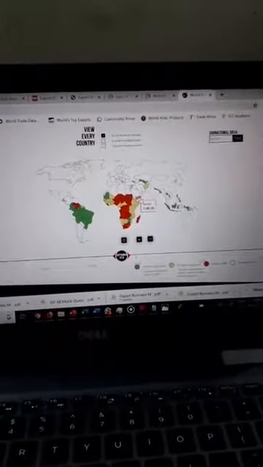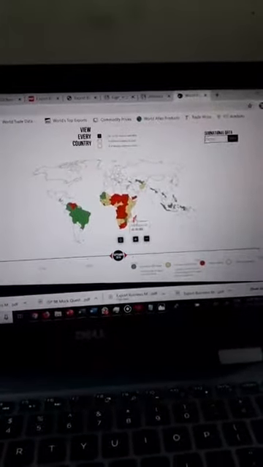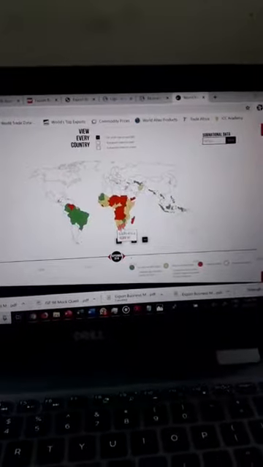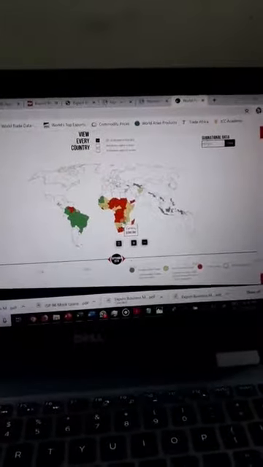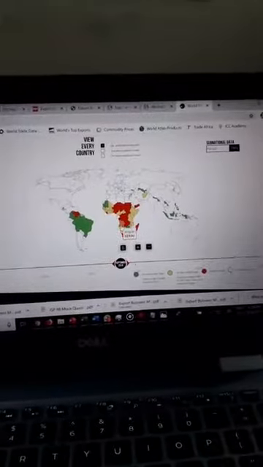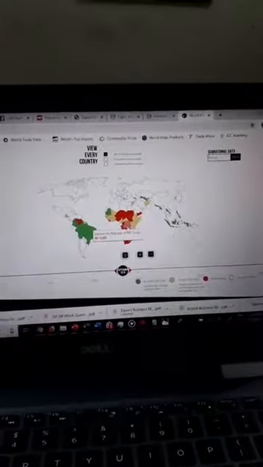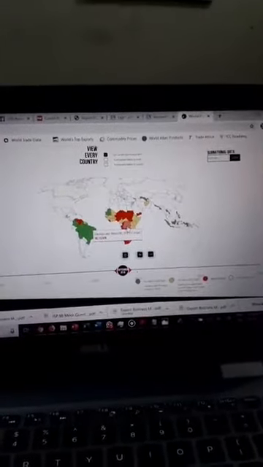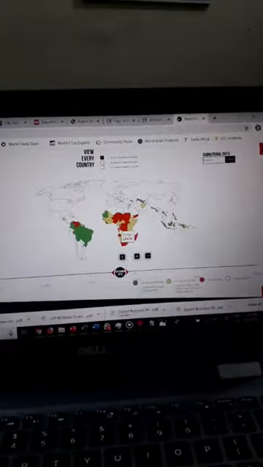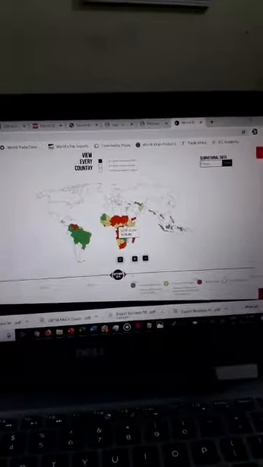Yemen, 17.46 million. Madagascar, 20 million. South Africa, 13 million. Zambia, 8 million. Angola, 5 million. Democratic Republic of Congo, 60 million. Congo, 2 million.